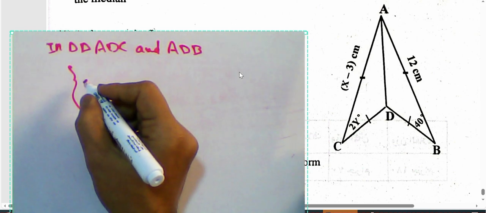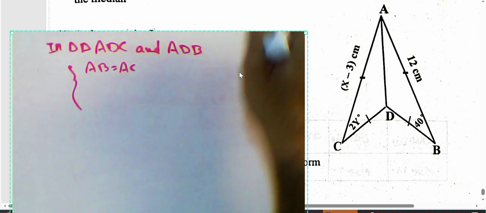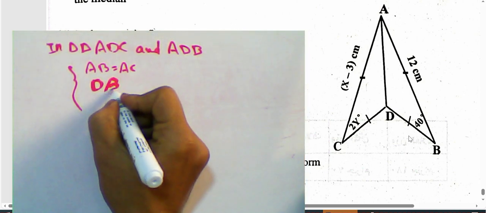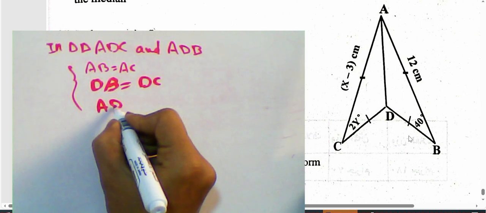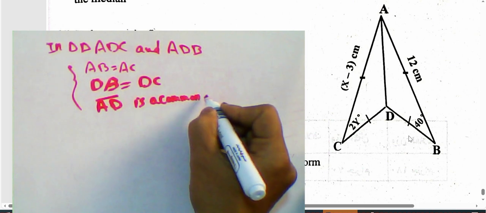First, AB equals AC, they are equivalent, look at here, the sign meaning equal. Also DB equals DC, and AD is a common side.